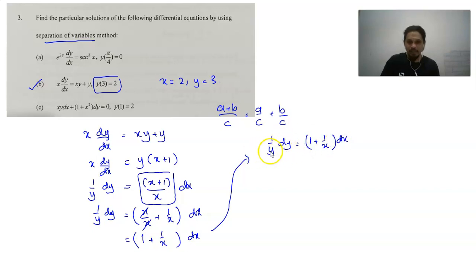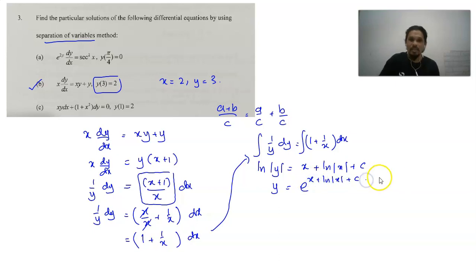Do you find any x left here? No. Y? No. So we integrate left and right here, and we come up with natural log of y equal to the integral of 1 with respect to x plus the integral of 1 over x, natural log of x, plus c. Again, taking e on both sides, y equal to e to the power of x plus natural log of x plus c.